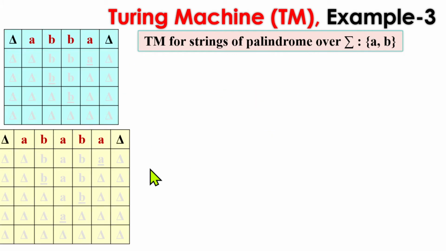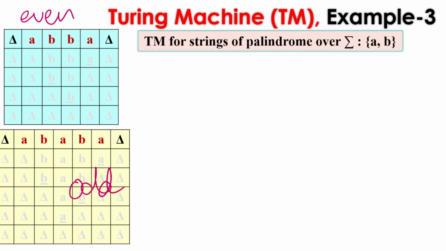Here we are taking two sample strings. First is our even length string, and we are taking an odd length string here. We will continue with both the strings at the same time, just to avoid confusion about how the even string can be accepted and how the odd string transition can be done.